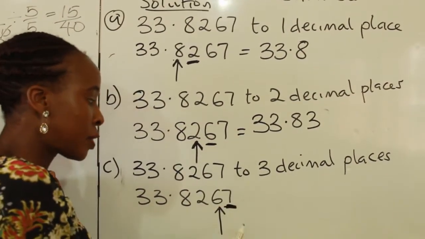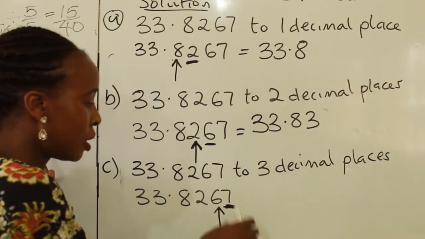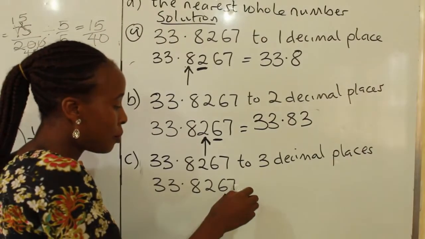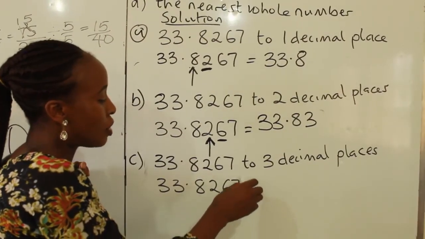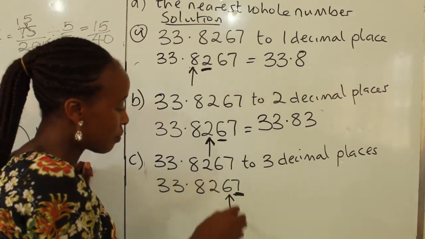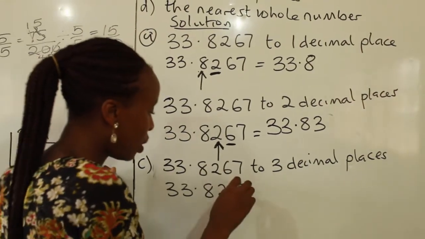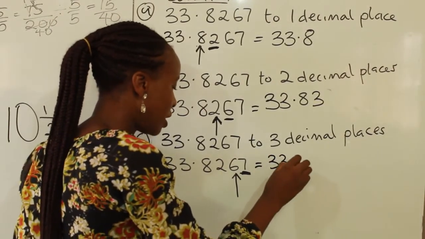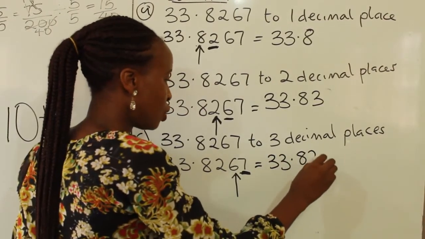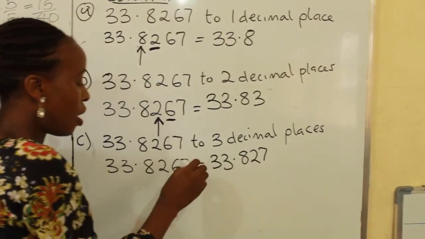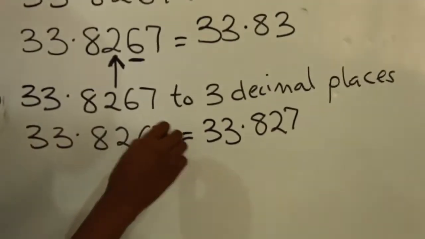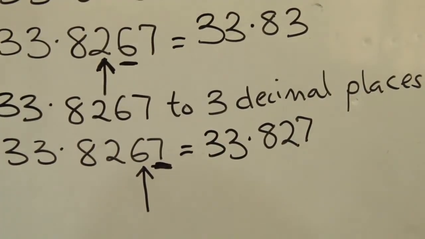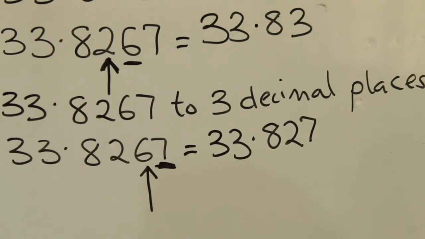Like I said, in the rule of rounding up, 7 is greater than 5. 7 will be rounded up, and 1 will be added to 6. So our answer will now be 33.827. 1 has been added to 6 and it became 7. So our answer is 33.827.